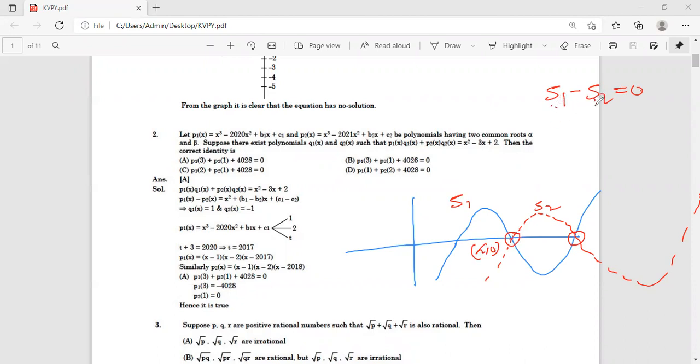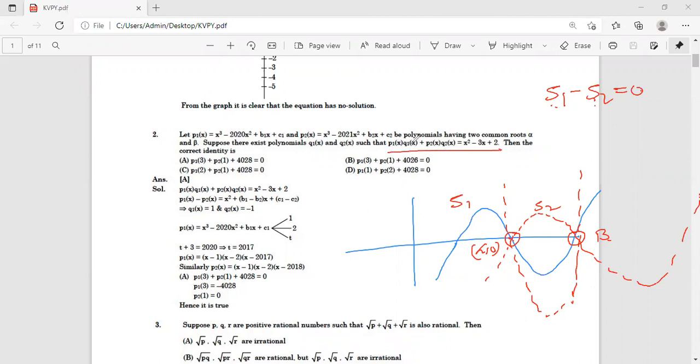So when I subtract, you get a curve which will pass through the point of intersection here and the point of intersection here. So if I subtract these two equations, I will get the common roots alpha and beta. Also observe that this equation is given.